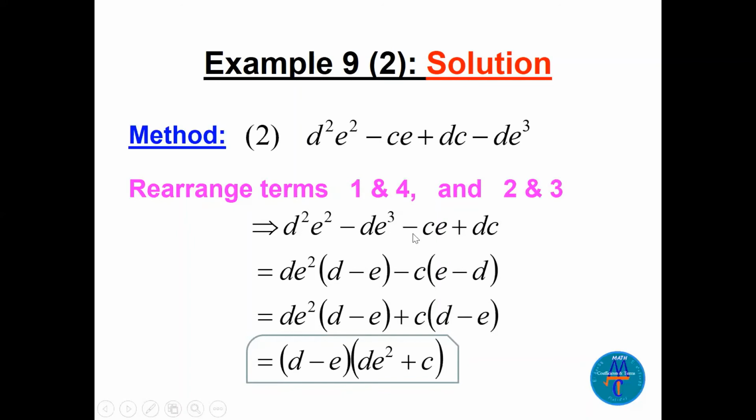Now here, let's see. This is a minus, this is a plus. Be careful. You can put the DC before and put minus CE. You can do that. But suppose I left it like this, and then I take a minus C on purpose to see what will happen. Take a minus C from here, we take a minus C from there. If you take a minus C from both, this should be minus.